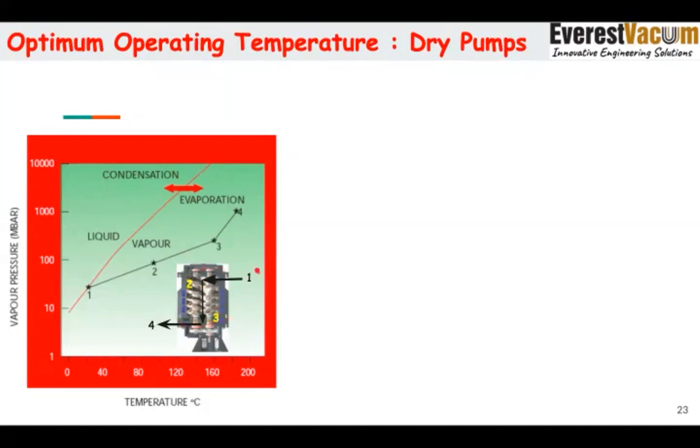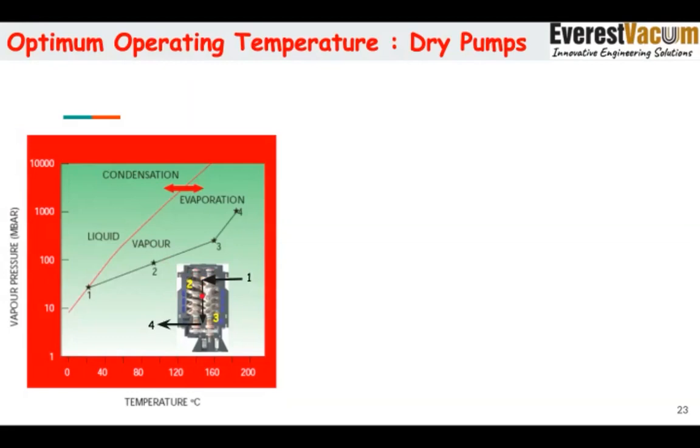By virtue of how the pump behaves, you have suction, that is point number one, where you are picking up from the process. In a chemical process industry, typically here it is say 20, 30, 40, whatever millibar. At point number two, where the initial compression starts for the first pitch, there is compression happening.